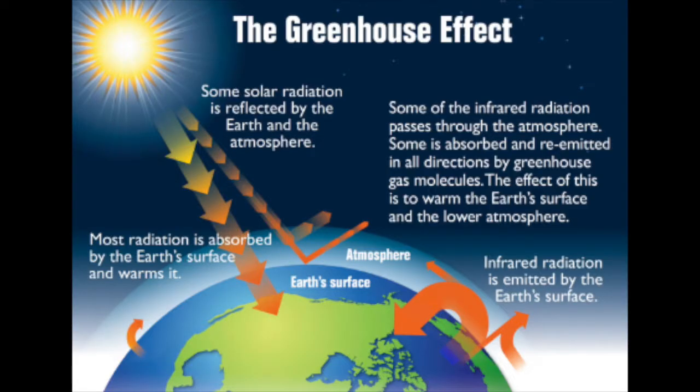All right, and that's why global warming and climate change is a huge issue, because of the greenhouse gases. And I'm sure you learned about this last year. Too many of these greenhouse gases is causing a thickening of the layer of the atmosphere that is surrounding our planet.